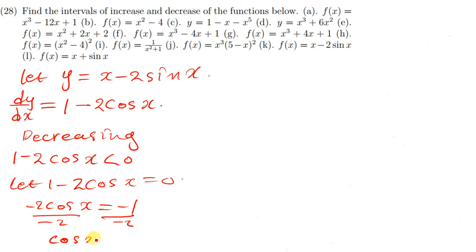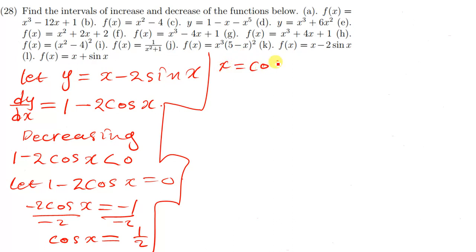Then we find cos x to be equal to 1 over 2. Then to find the value of x, we say x is equal to cos inverse of half.